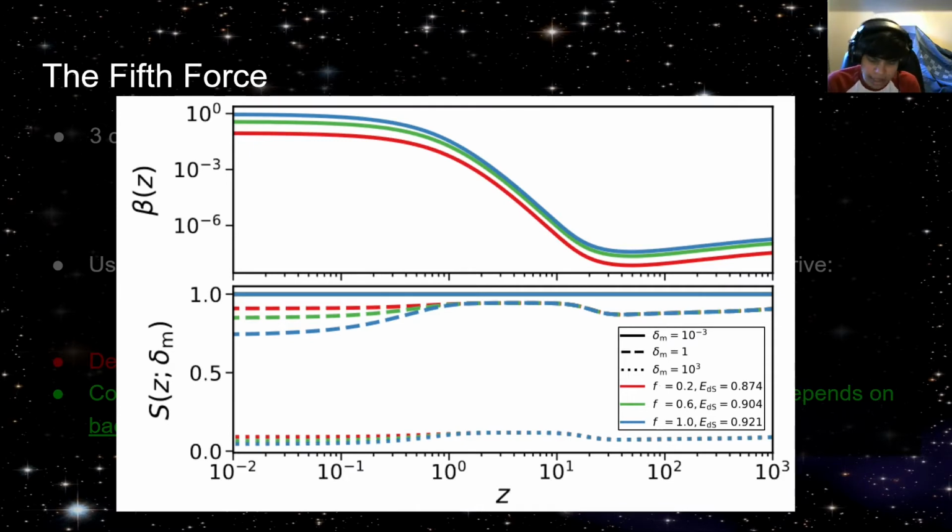So the things I just want to highlight here are that beta basically appears to activate here at late time. So late time's on the left because it's a redshift plot. It appears to activate at late times. The reason it's doing that is because beta is essentially following the behavior of the derivative of the scalar field. So in the case of a cubic Galilean, beta happens to depend on the derivative of the scalar field.